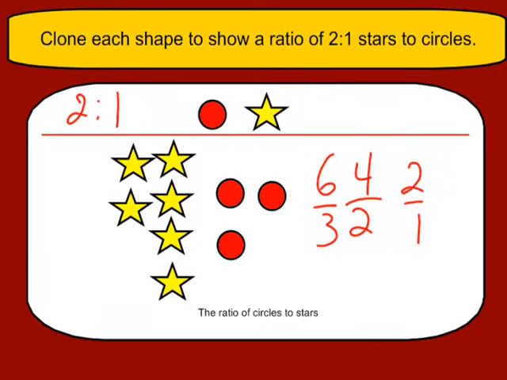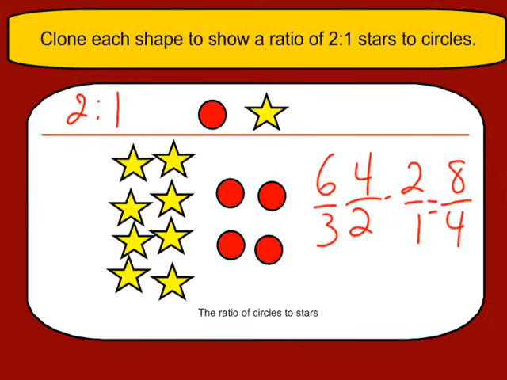I could even do, I'll do one more here, 8 to 4. All of these are equivalent ratios. If I simplified these 3 ratios, they would all simplify to 2 to 1. So when asked to do a representation of 2 to 1, these would all be correct.